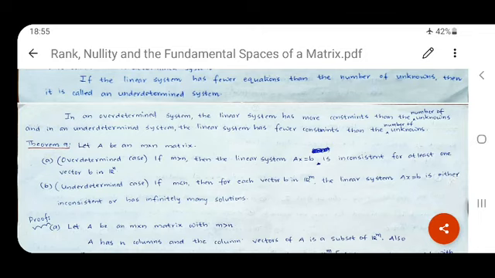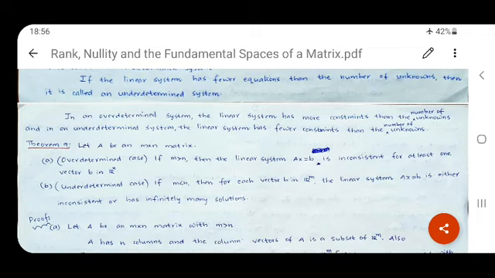So there is a theorem regarding overdetermined and underdetermined systems. Let A be an m by n matrix. If m greater than n, that means the system is overdetermined, then the linear system Ax equal to b is inconsistent for at least one vector b in Rm. So there exists at least one vector for which the overdetermined system is inconsistent.